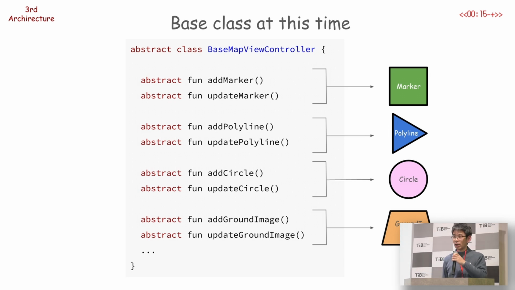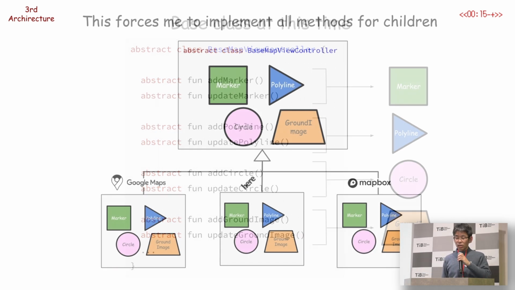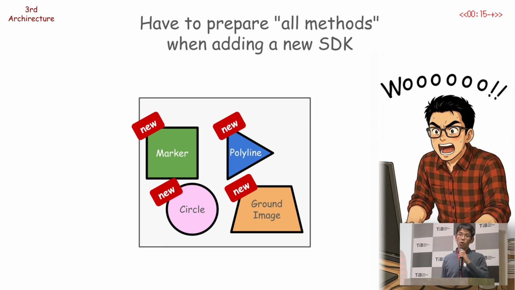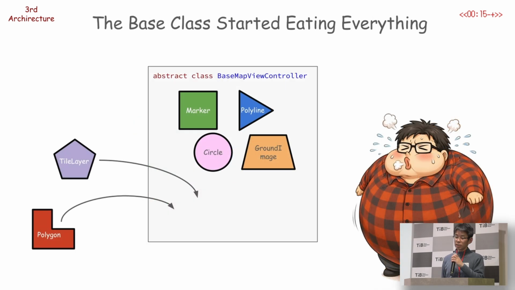What's that last one? I forgot. In classical OOP all children have the same methods. So if I add a new method, I need to create it for everything. Also if I add a new SDK to my collection, I need to prepare all methods before adding. That's very tough work. So the base class is eating everything. It's a very bad program.